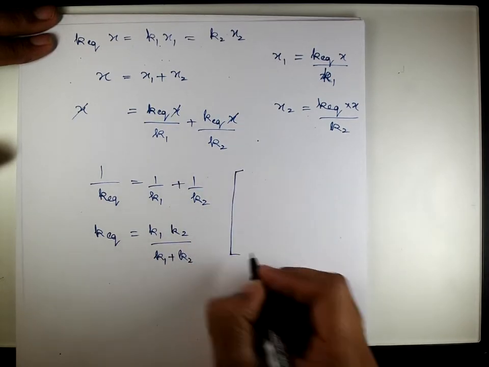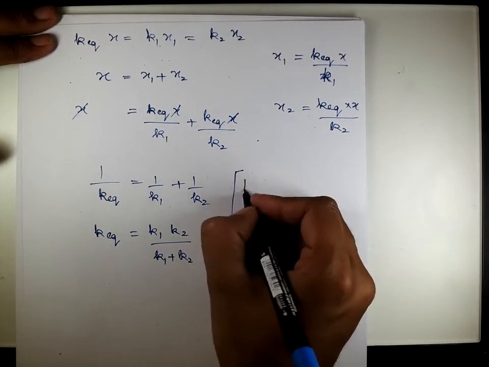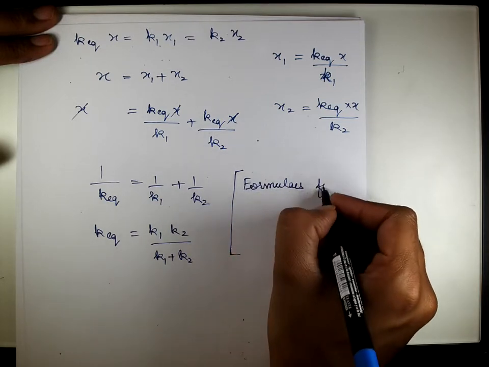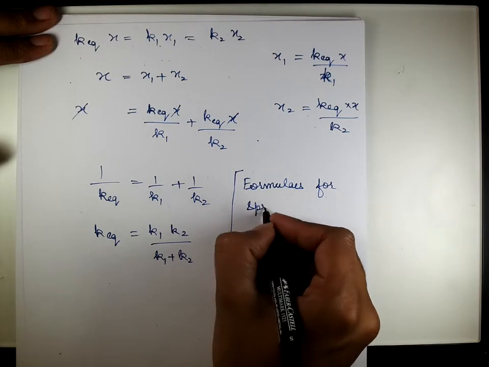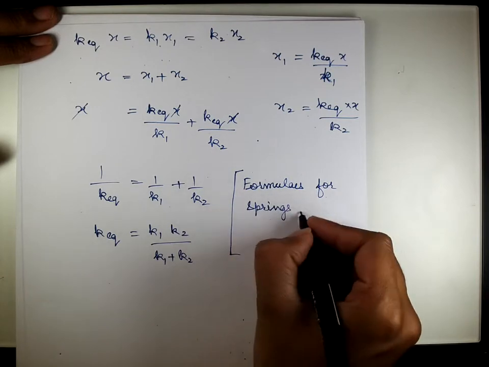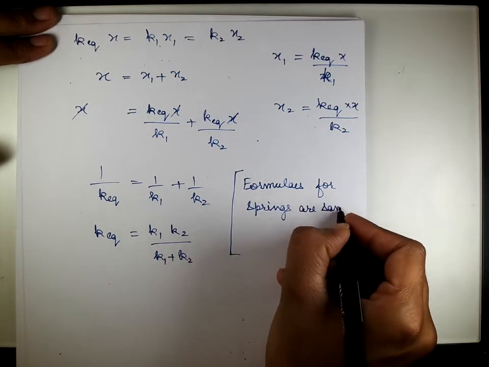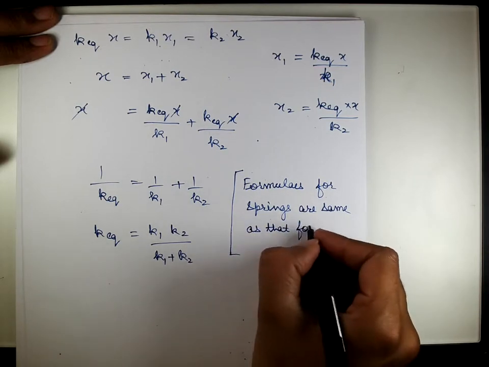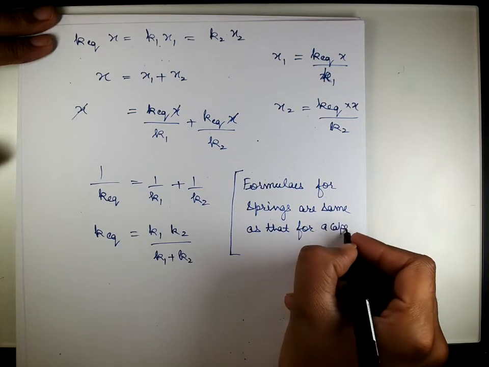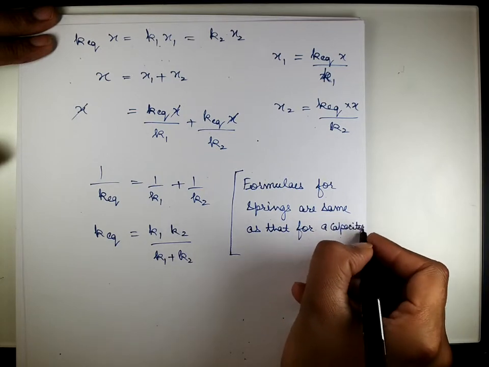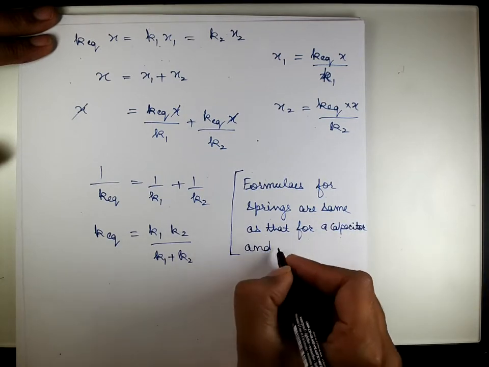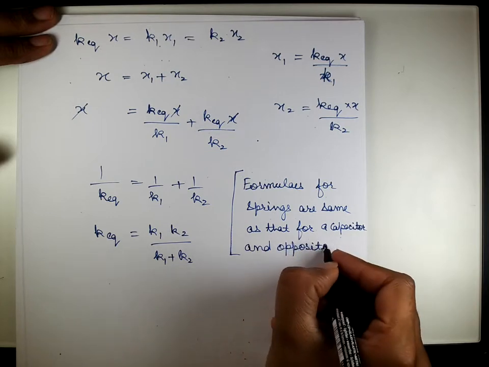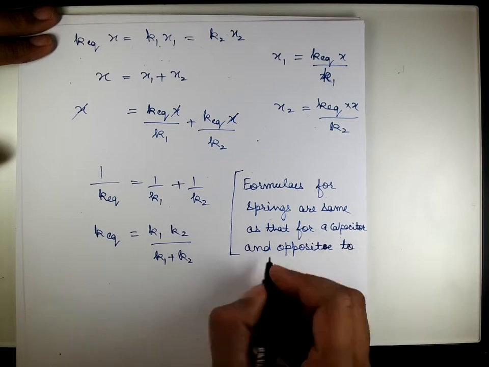We can remember these results in a simple way: the formulas for springs are the same as those for a capacitor and opposite to those for a resistor.